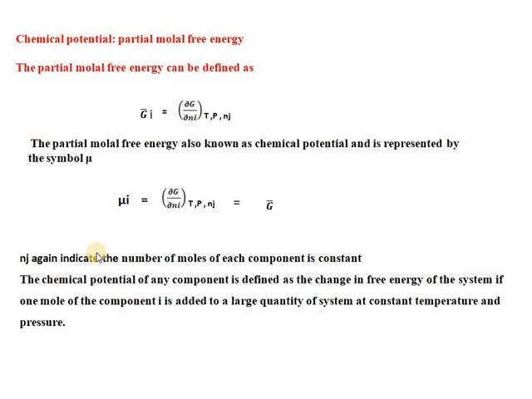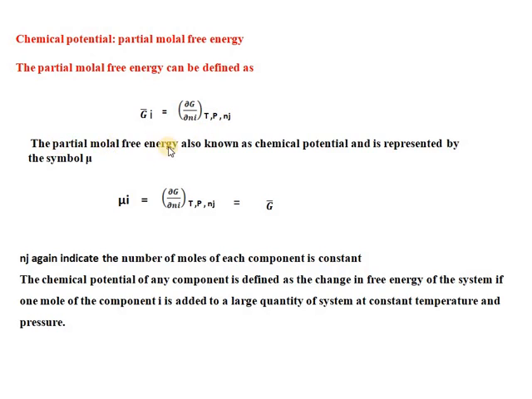The next point we will see is the chemical potential, like the partial molar free energy. Partial molar free energy can be defined as Gi bar is equal to (∂Z/∂Ni) at constant temperature, pressure, Nj.